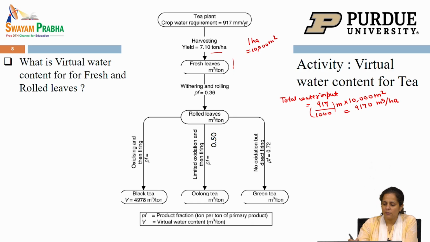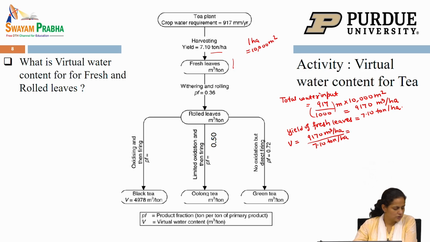So, if we know the yield, the yield of fresh leaves is equal to 7.10 ton per hectare, and therefore the virtual water content for fresh leaf is the total amount of water that is entered, which is 9,170 meter cube per hectare, divided by the 7.10 ton per hectare.